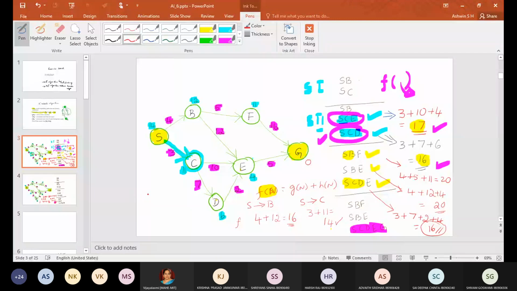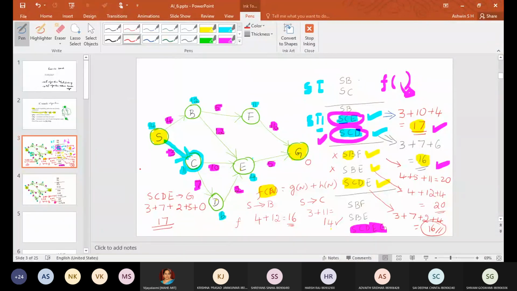So now the last step is S, C, D, E. This has to be expanded because for SBF and SBE, we have got the values 20 each. So here SCDE to G, when it goes, it is 3 plus 7 plus 2 plus 5 plus 0. So 17.